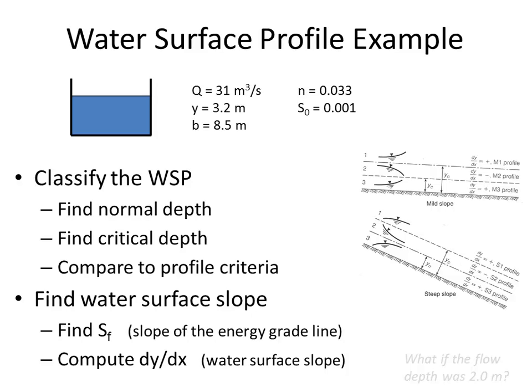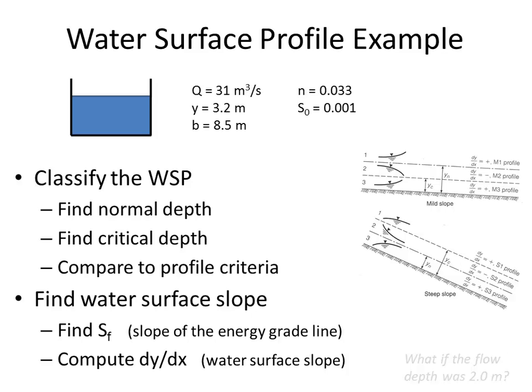Okay, so the S naught, that's the slope of the channel, given as 0.001, minus the slope of the energy grade line, 0.000634, divided by 1 minus the Froude number squared, 0.04138. dy/dx is the slope of the water surface relative to the channel bottom. It is 0.000382. Okay, so that's a positive quantity, which means it's going to be getting deeper downstream.